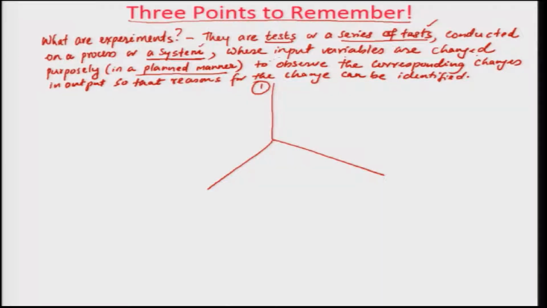We purposely change the input variables and observe the corresponding changes in the output variable, so that the reasons for these changes can be identified. That is the first point to remember. Such tests, in which we identify the reasons for change in output by changing the input variables in a planned fashion, are called experiments.